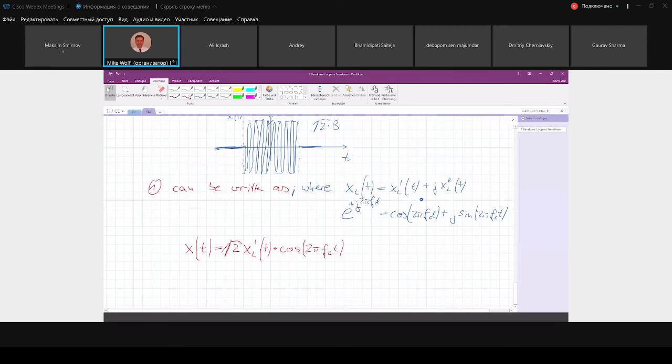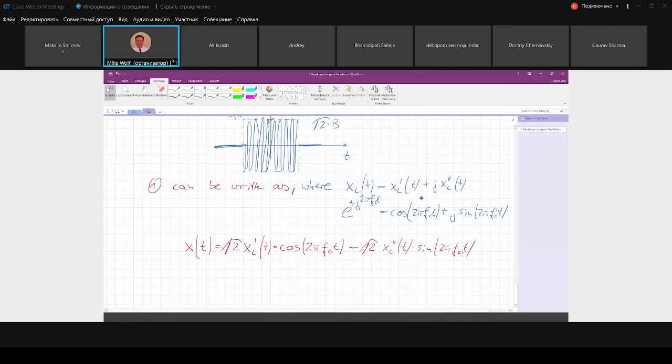So this means we end up with this minus square root of 2 times xL2 prime of t times sine of 2 pi ct. So at the same time, to generate a general bandpass signal, we can modulate a cosine and at the same time a minus sine wave. And we say that these two carriers, including this minus, but this is not so important.